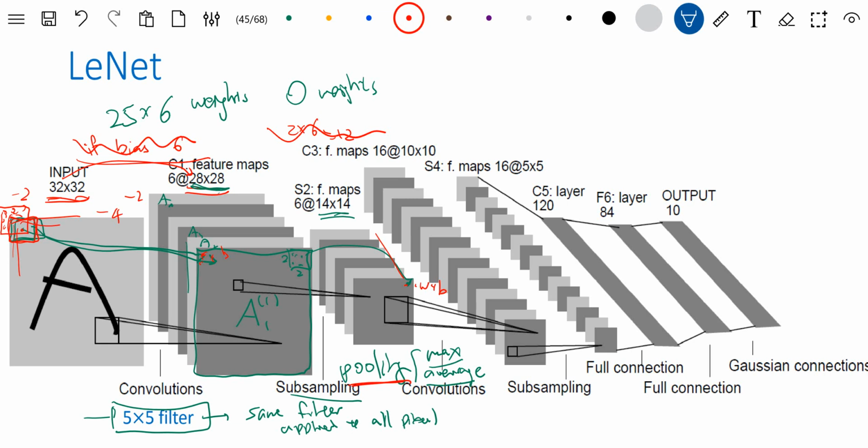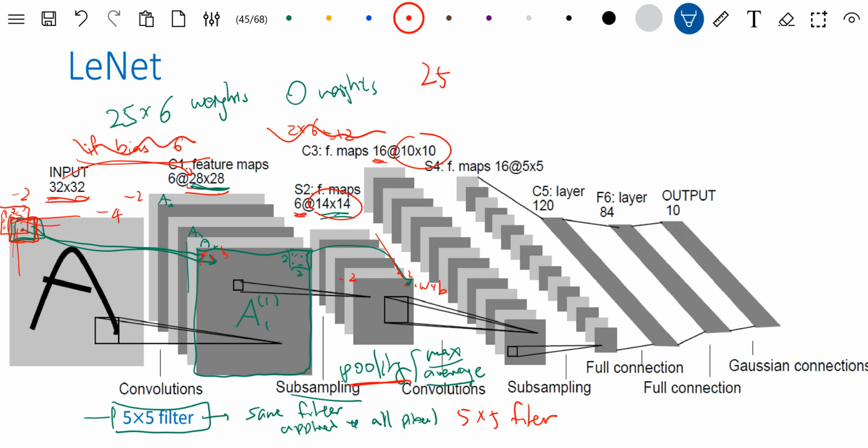Okay, so the next one is we started with 6 activation matrices and now we have 16. If we have fully connected convolution layers, then, and also note that it's 14 by 14 to 10 by 10 again, so it's subtracting 2 on both sides. So these are 5 by 5 filters again.